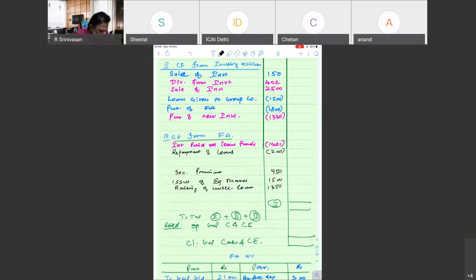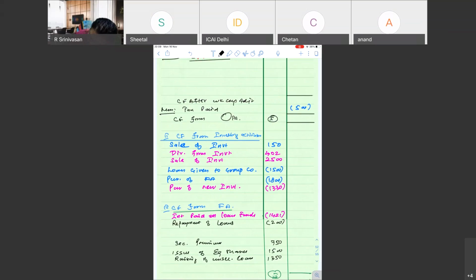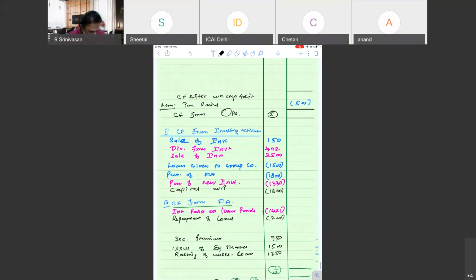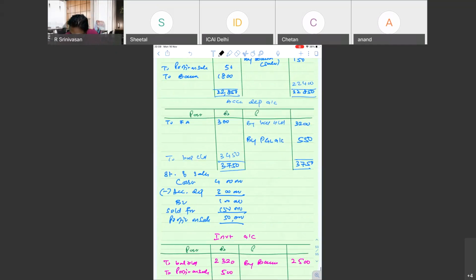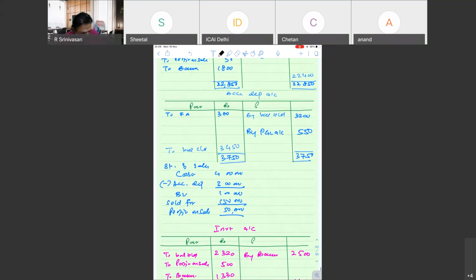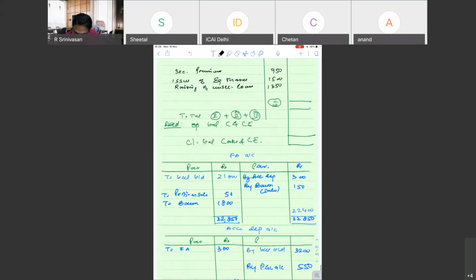Okay. Capital work in progress, so investing activities. Capital work in progress is 1,860. Investments 2,320 and 1,650. Okay.